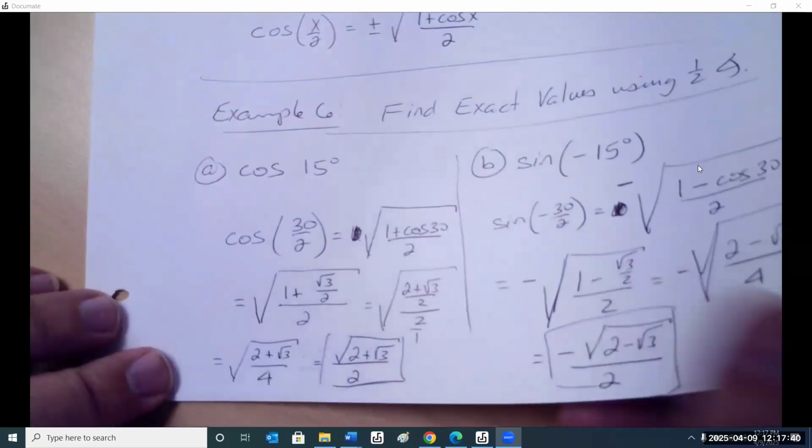Next example. We're going to now find exact values using half angle formulas.